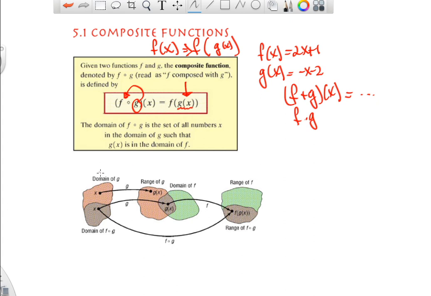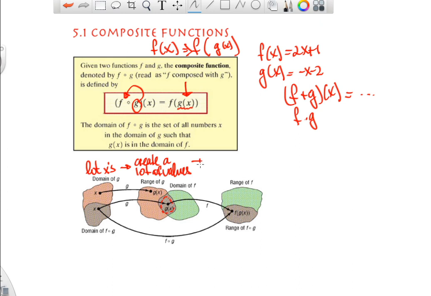So the domain of g is right here, and that has a lot of x's. It has a bunch of these, and there are some more x's over here, and that creates a range. All these x's create a lot of values, and then what we're going to do is only take those values out of the range of g that are also part of the domain of f.